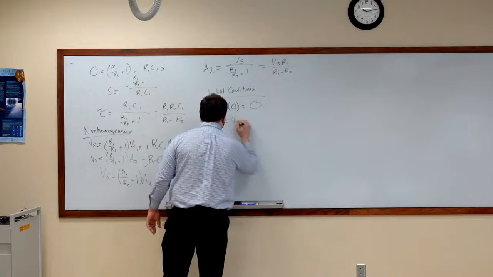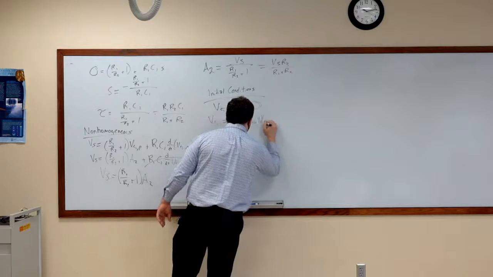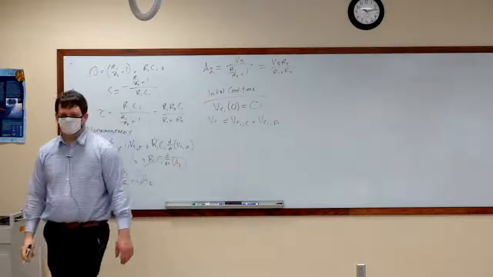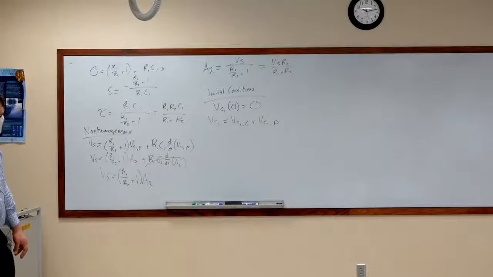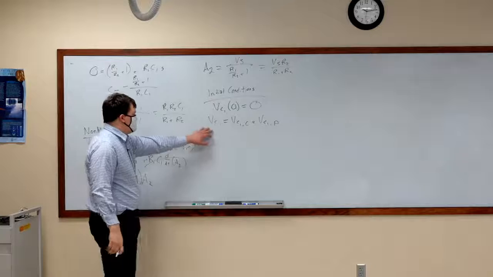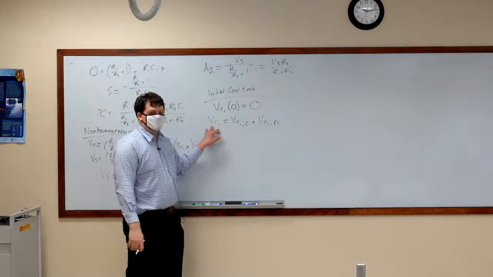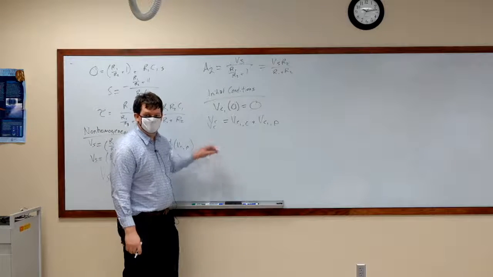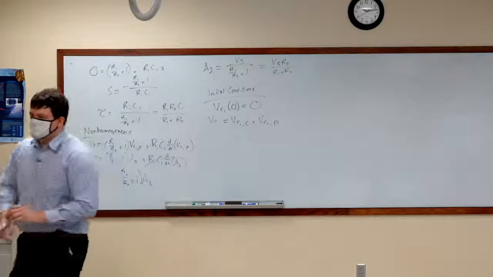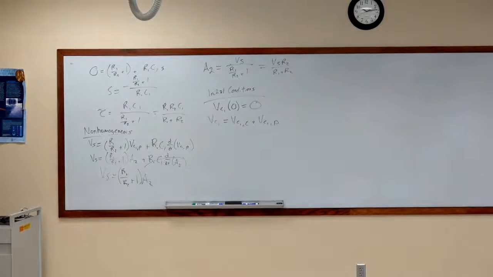So we just plug in the final solution. VC1 is equal to VC1C plus VC1P. Particular plus complementary. We know that this value at t equals 0 is equal to 0. We know VC1C is equal to A1 e to the st. That's what we wrote right here. We know VC1P is equal to A2.